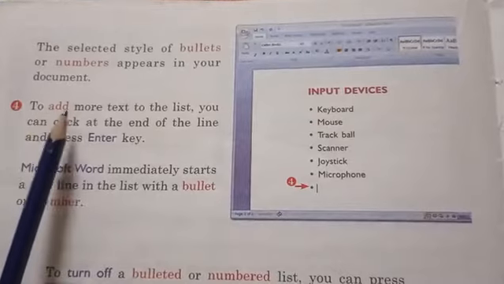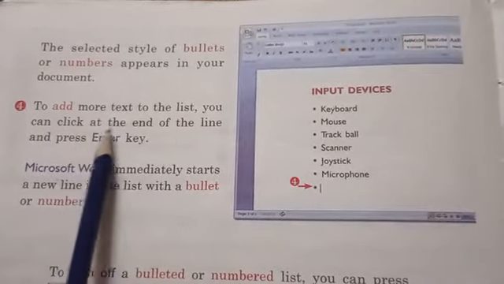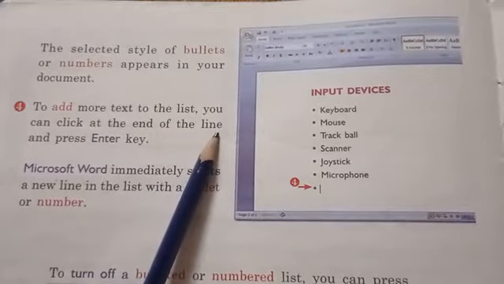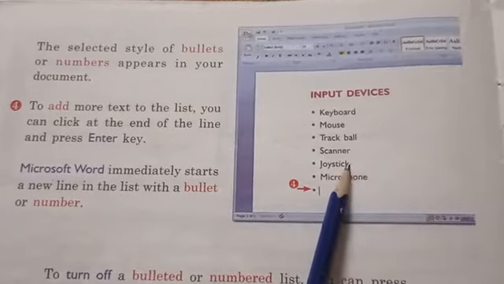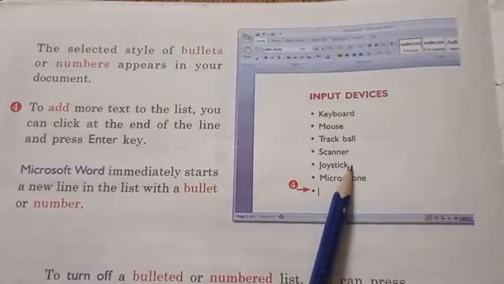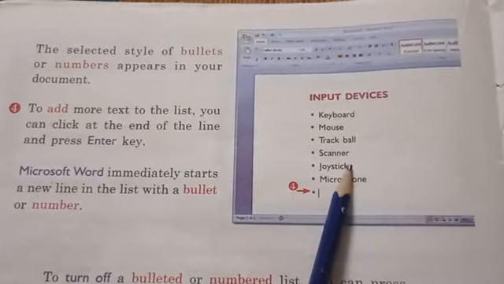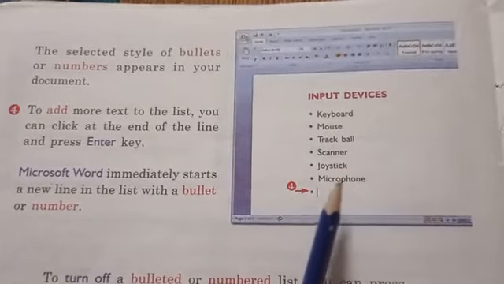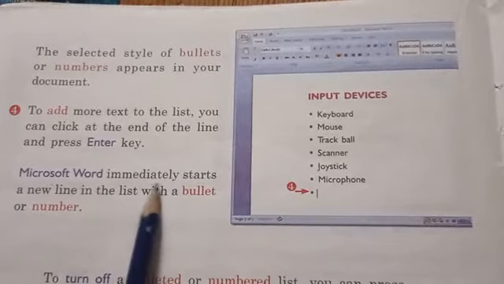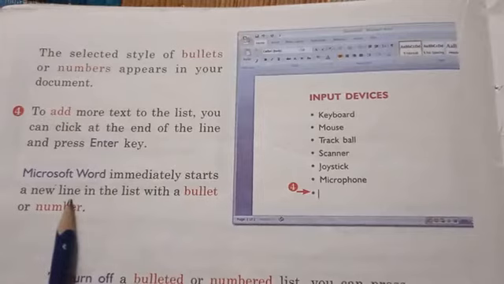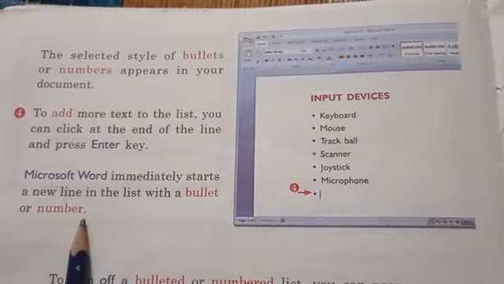Fourth, to add more text to the list, you can click at the end of the line, just like Joystick. You finished your work on Joystick, you want to enter one more, then you have to press the Enter key and then write Microphone. Microsoft Word immediately starts a new line in the list with a bullet or number.